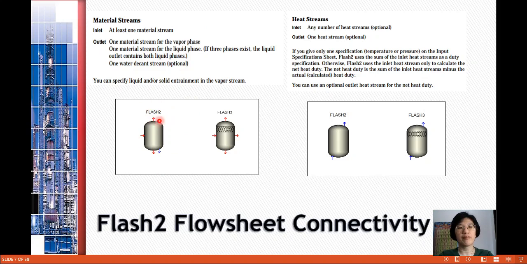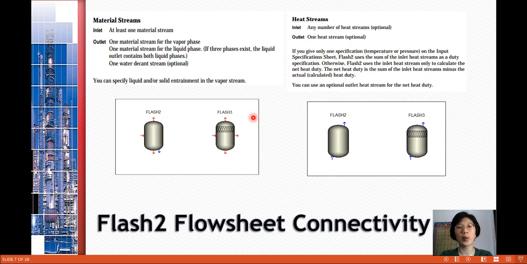The red arrow is the location where you must put in a stream. In Flash2, you must put in one feed and two products, one vapor and one liquid. In Flash3, you need to put in one feed but three products, as I mentioned earlier.